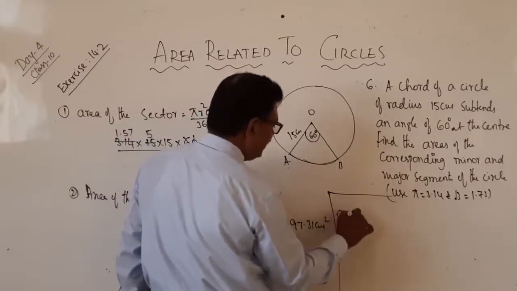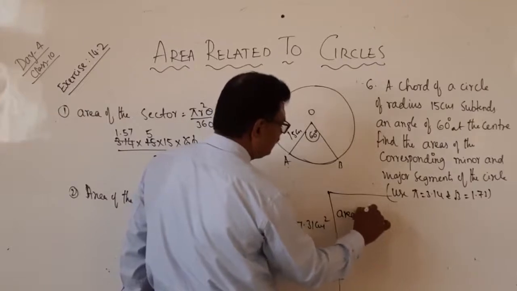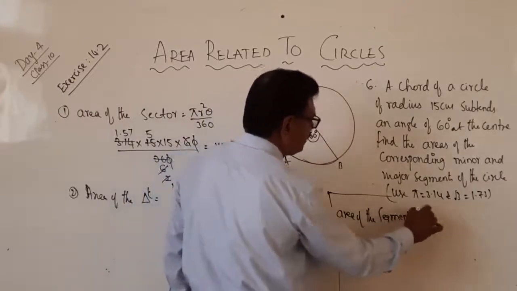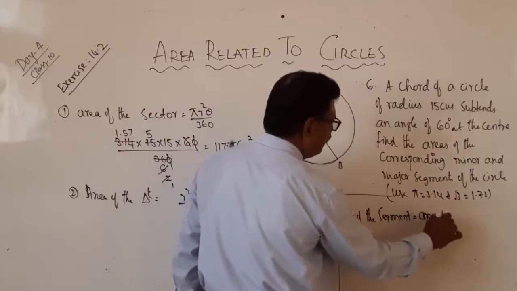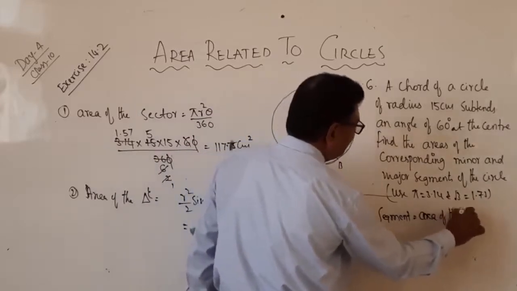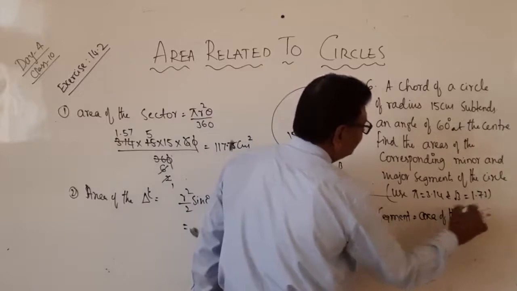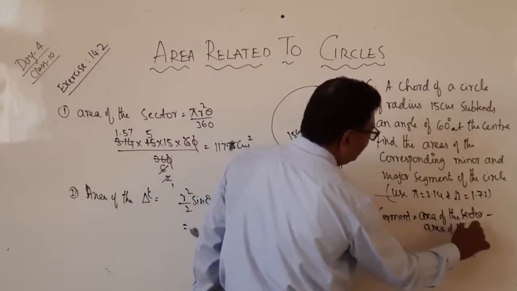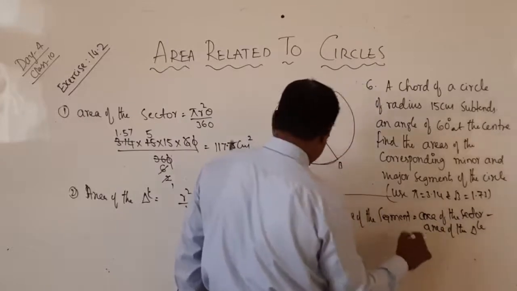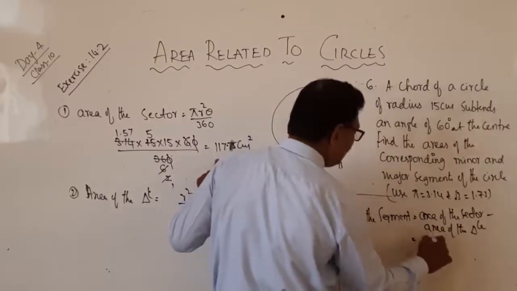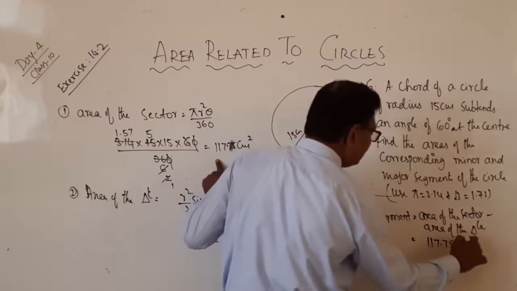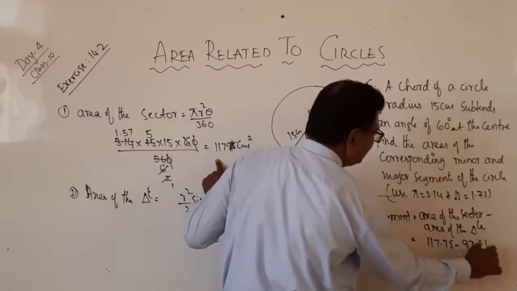Therefore, area of the segment is equal to area of the sector minus area of the triangle. Therefore, how much did we get? 117.75 minus 97.31.